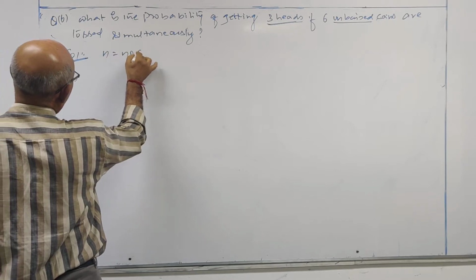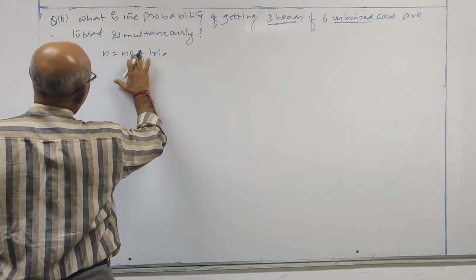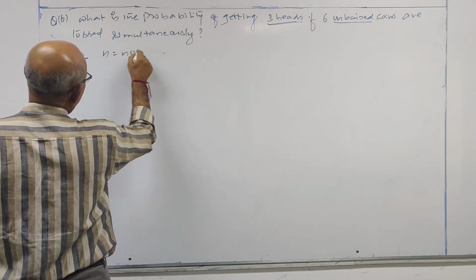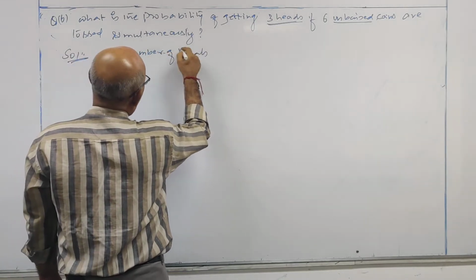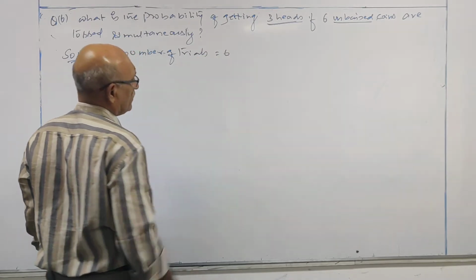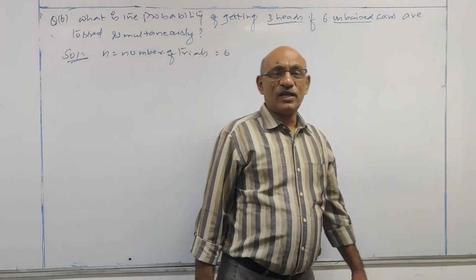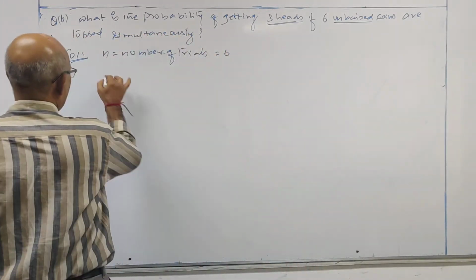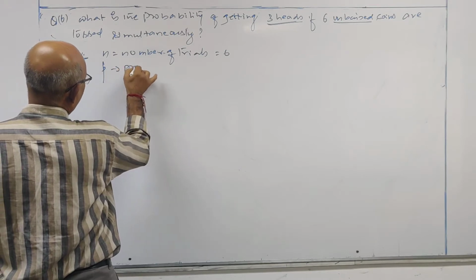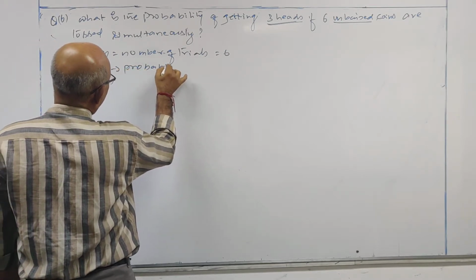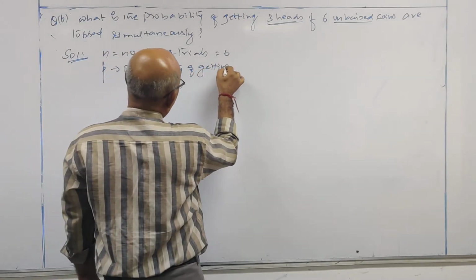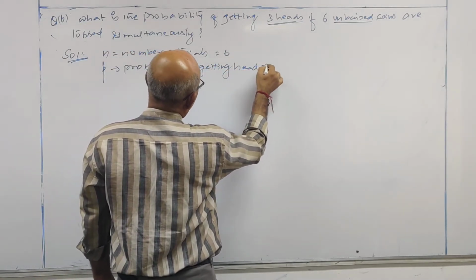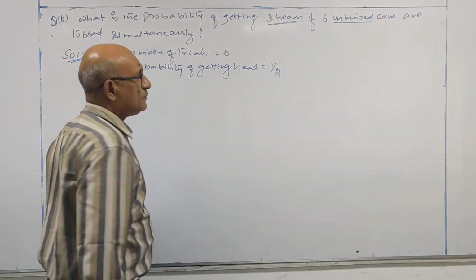N is equal to number of trials, is equal to 6. 6 trials are there. P is equal to probability of getting head, is equal to 1 by 2.